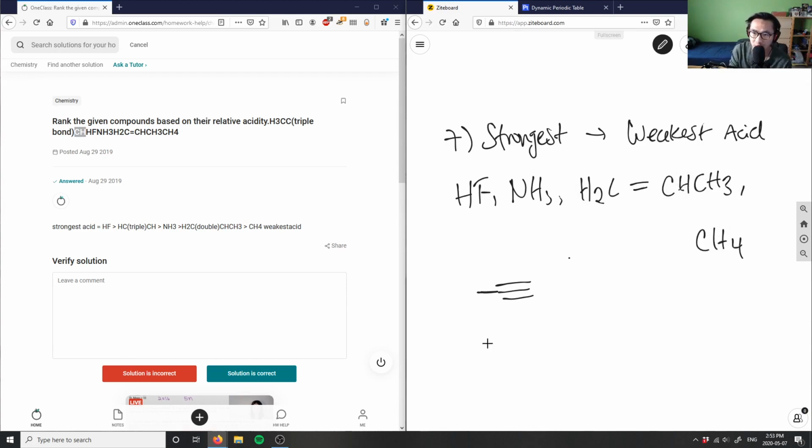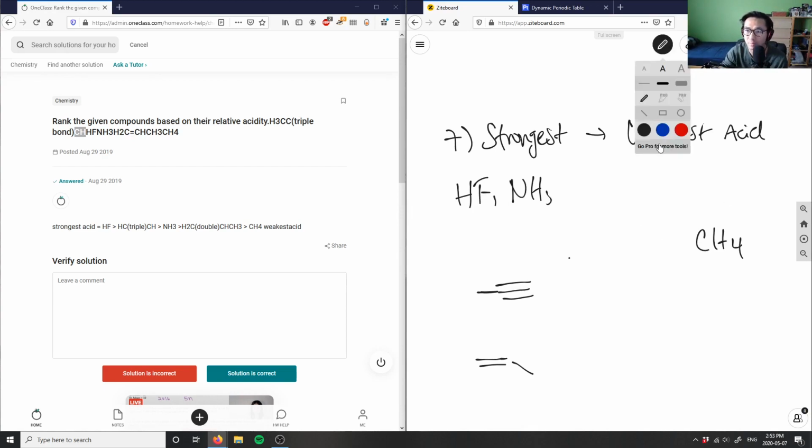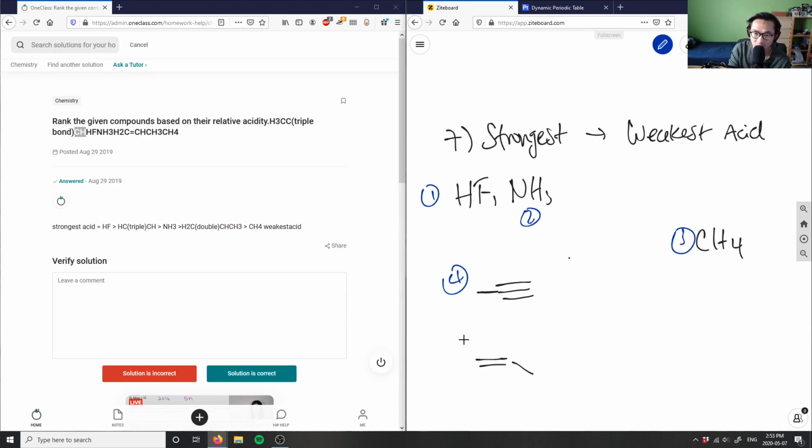I have a double bond here, and then it's bonded to another methyl group here. So that's this guy here. I can erase this. And then I have these guys here. Okay, so I have basically these 5 compounds here. So let me draw this in blue: 1, 2, 3, 4, and 5.